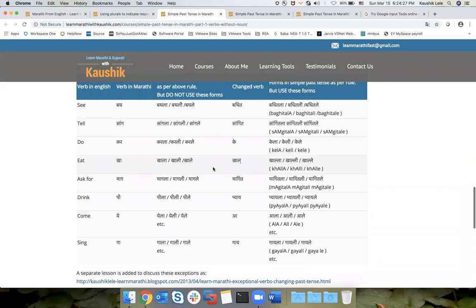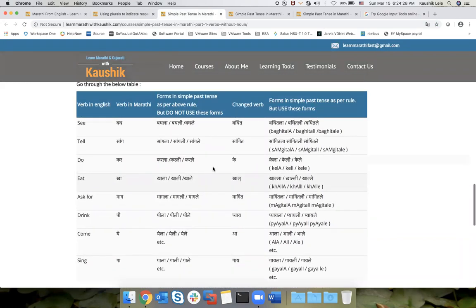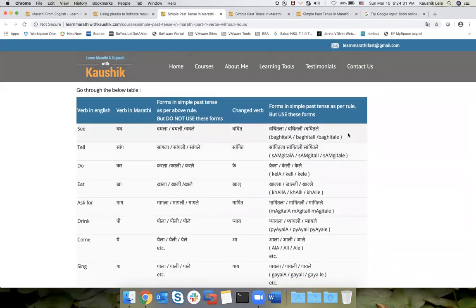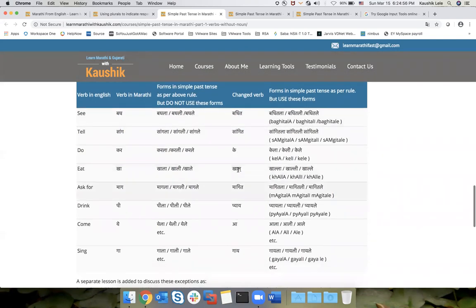So in this lesson, I have explained those verbs which go through a little change in their verb root. I think Antonia, you were mentioning the change in the verb root. For example, for bag, we do not say bagla, bagle, but we say bagitla. For sang, we do not say sangla, sangli, we say sangitala. These are a few verbs, but they are commonly used.